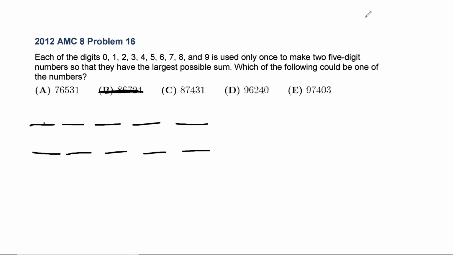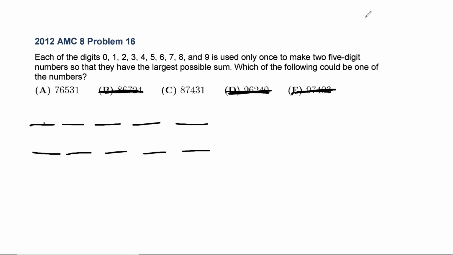So that's an increase, not a decrease. And similarly, you can delete D because its digits jump from 2 to 4. So that's an increase again. And you can also delete E because the digit jumps from 0 to 3, and that's an increase, not a decrease. So you really can narrow it down to either A or C.